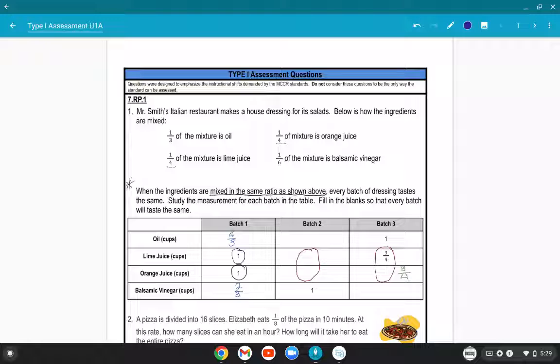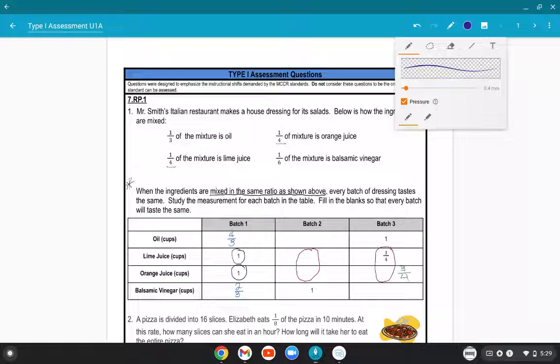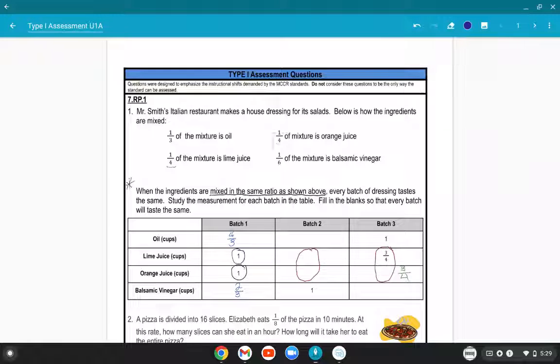Okay, now we're on batch number 2. Since balsamic vinegar has the 1, I'm going to go ahead and erase this as well. What I'm going to do is focus on the 1/6.